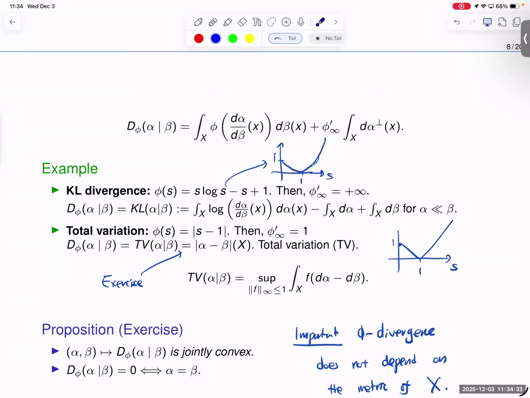Yes, that geodesic convexity certainly depends on the underlying metric, because the geodesic depends on the underlying geometry. I'm just saying the value of this functional itself has nothing to do with the geometry.